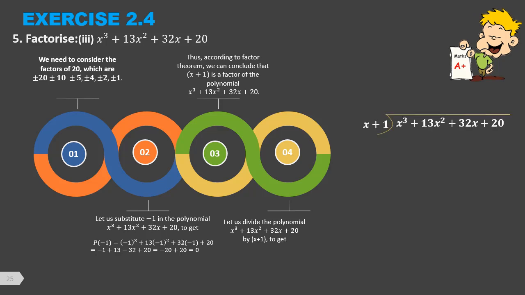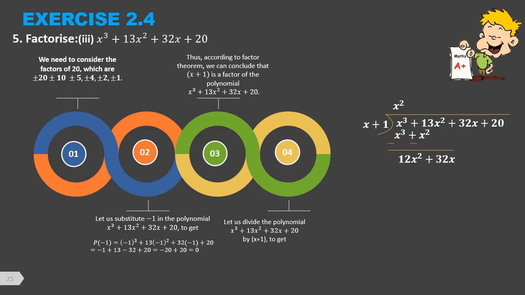Now let us start. First we multiply x square into x, that is x cube, and x square into plus 1, that is plus x square. Change the sign, both are negative, they cancel out. The next term will be 13 minus 1, that is 12x square, plus 32x plus 20.